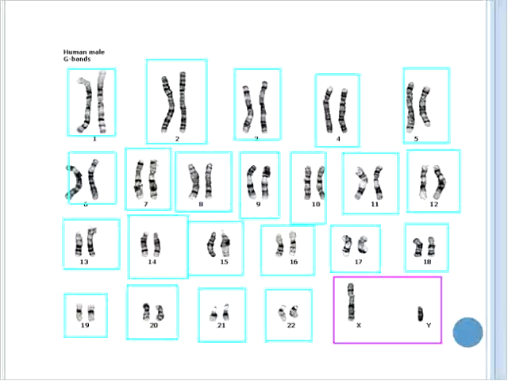In this case, because we have an X and a Y chromosome, this karyotype is of a human male.